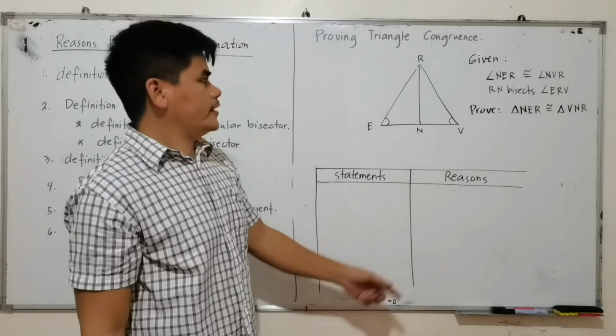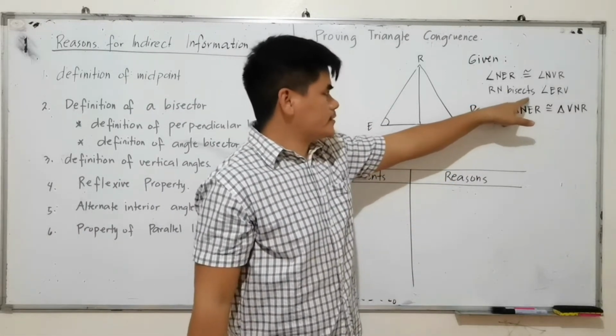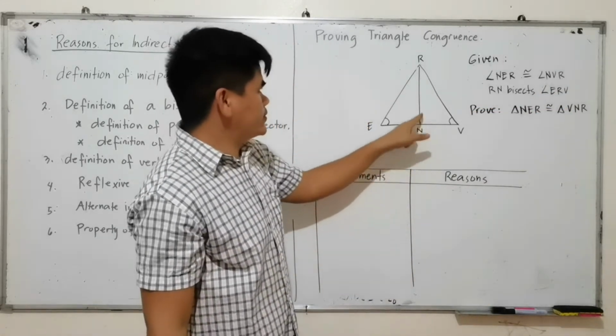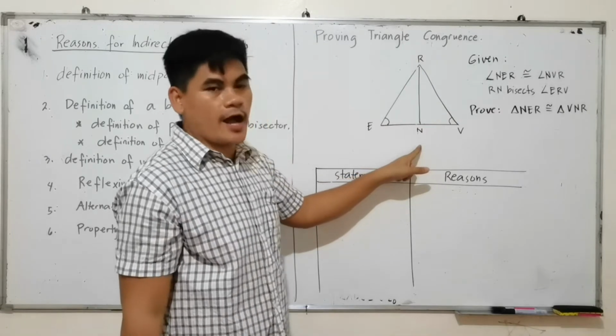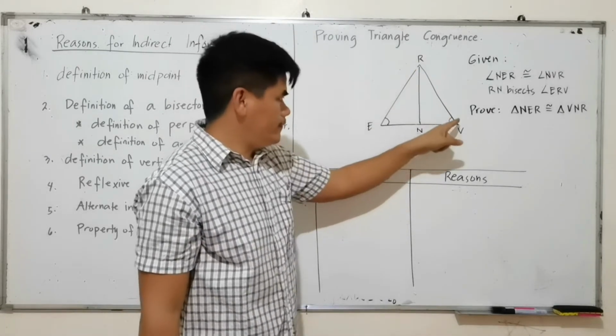And here comes a bisector. RN bisects ERV. This RN is the angle bisector of the angle ERV.